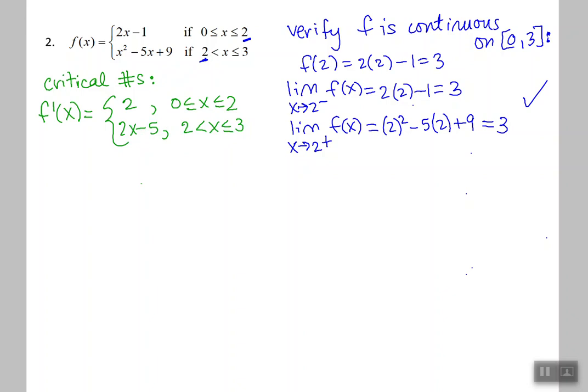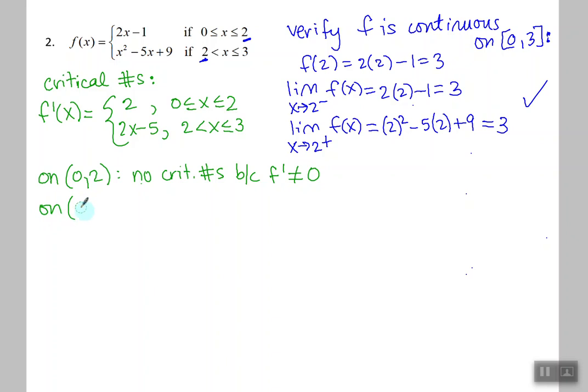Now we're looking for where does the derivative equal 0? Now in the first piece, that derivative doesn't equal 0. So on that first interval, 0 to 2, there are no critical numbers because f prime can't equal 0.